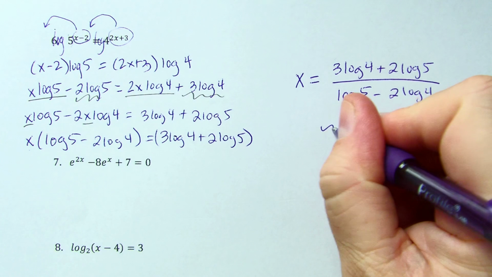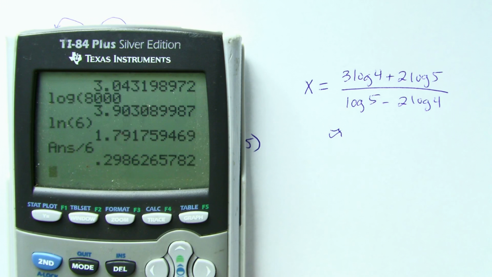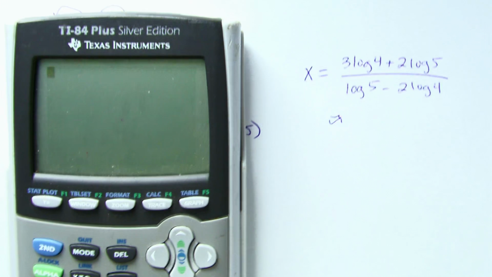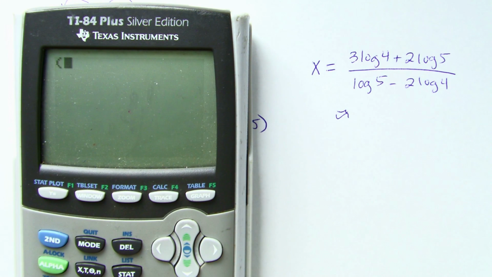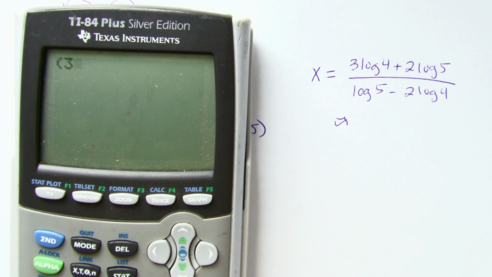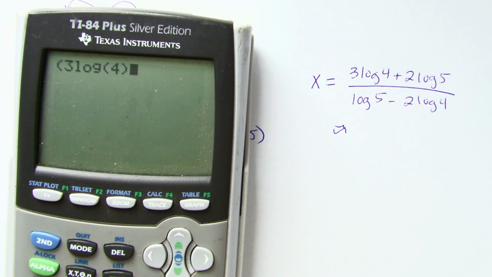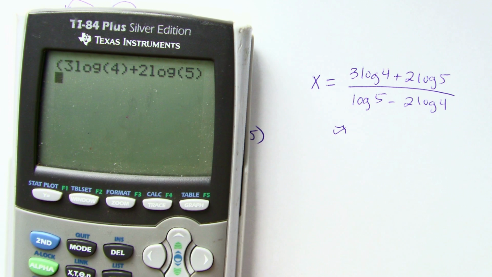I can type this in my calculator, but when you do, be really careful of order of operations. So I'm going to show you how I would type it in. I'm going to use a lot of parentheses. I start my set of parentheses here for the numerator, and then I'm going to close that on the 4, plus 2 log 5, close that on the 5, and then close that for the top.